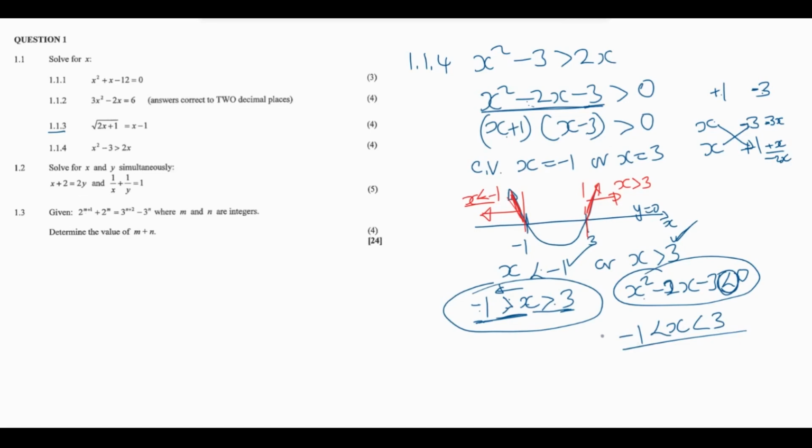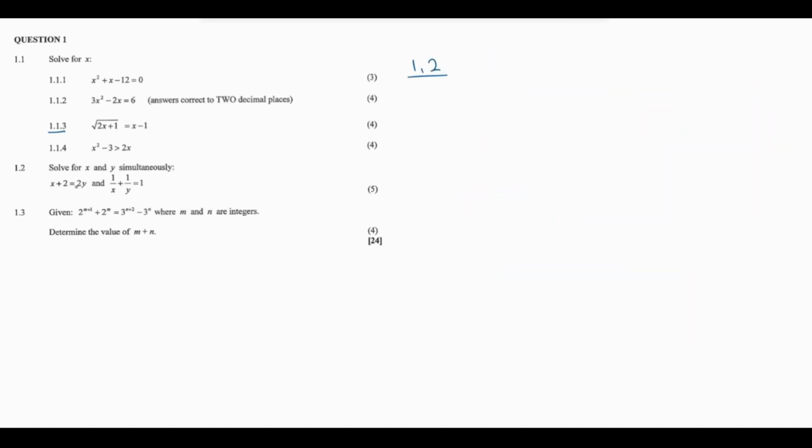For less than it's easy, it's just an interval. Then that was going to be your solution. How do we get our marks here? We have the standard form, and then we have the critical values, and then we have the solution. 4 marks.